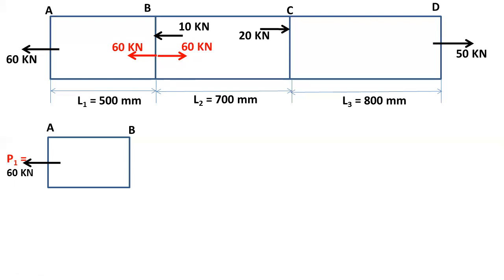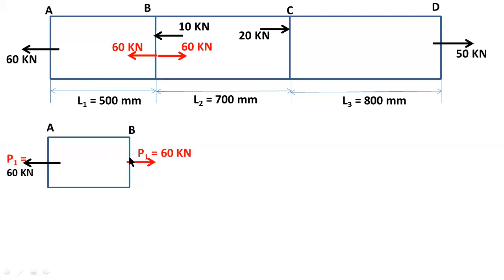I just added two equal and opposite forces because I want 60 kilonewtons at end B. This existing load is in the left side direction, and I need a right side direction load, so I consider this 60 kilonewton right side load here.